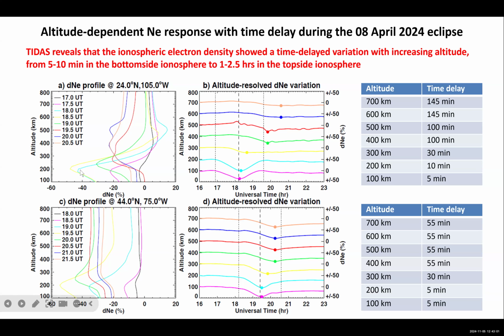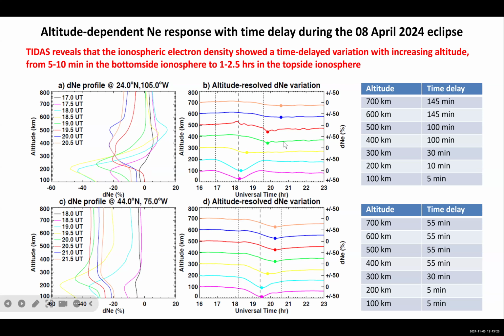So they reach as large as a 40 to 50% decrease. But the top side ionosphere still maintains a pretty high level. Well, after the bottom side ionosphere had already recovered, the top side ionosphere started to show large depletion. So we can clearly see this altitude-dependent time delay.